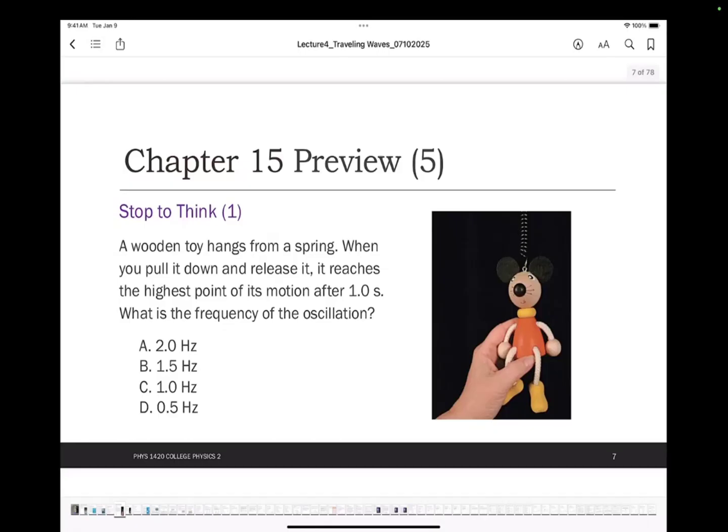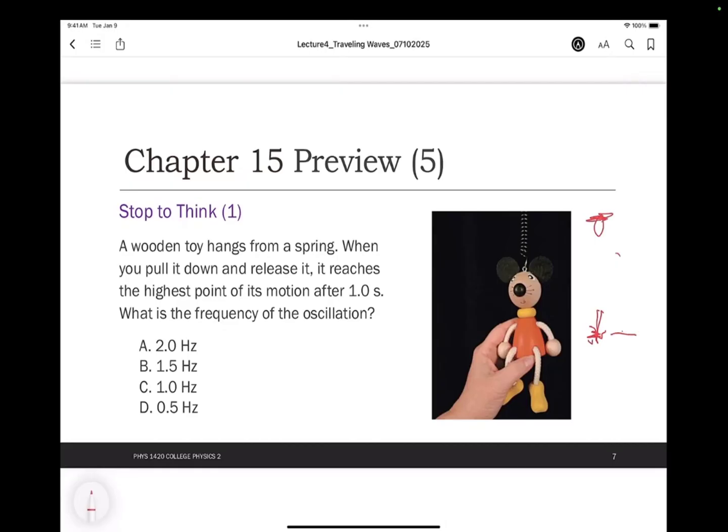Like here, we put this mouse down and release it. It reaches the highest point. This is the lowest point. We pull it to the lowest point and it reaches the highest point. And after 1 second, which means from the lowest to the highest, you need 1 second.